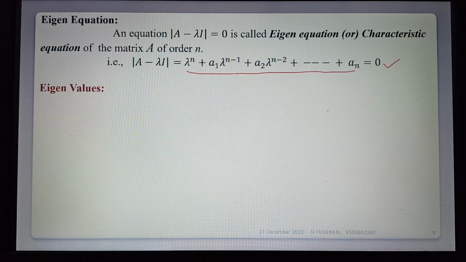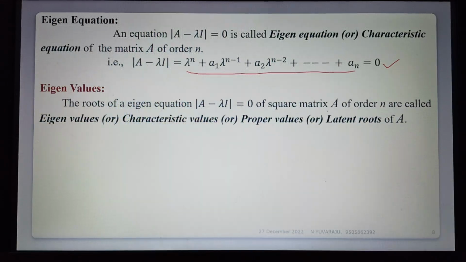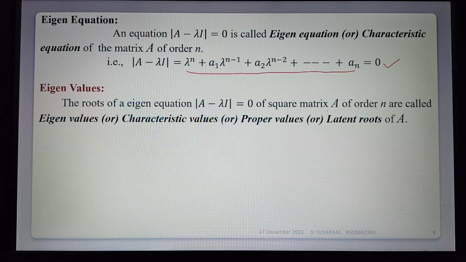So next, the eigenvalue. The roots of the eigen equation det of A minus lambda I equal to 0 of a square matrix A of order n are called eigenvalues, characteristic values, proper values or latent roots.